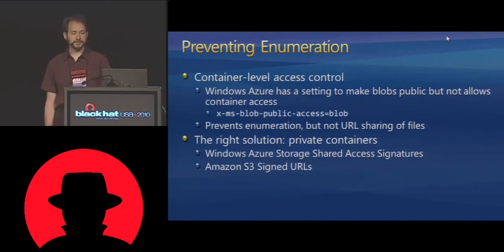The right solution is to use a private container and make use of Windows Azure Storage shared access signatures or Amazon S3 signed URLs to enforce the access control. This is only a mitigation and not a complete cure, but I'll talk a lot more about that in the defenses and mitigations section on how that can be used to make these sorts of data theft from subscription sites very difficult.